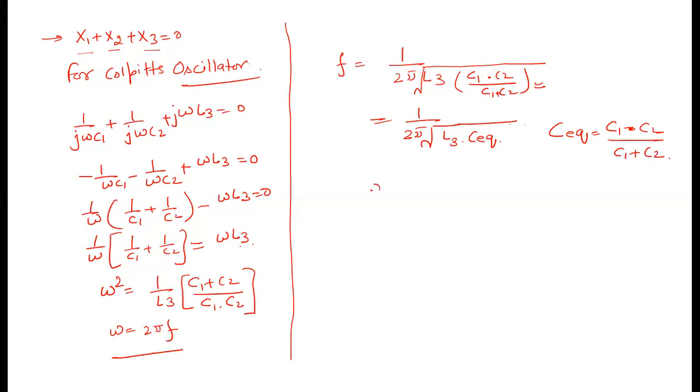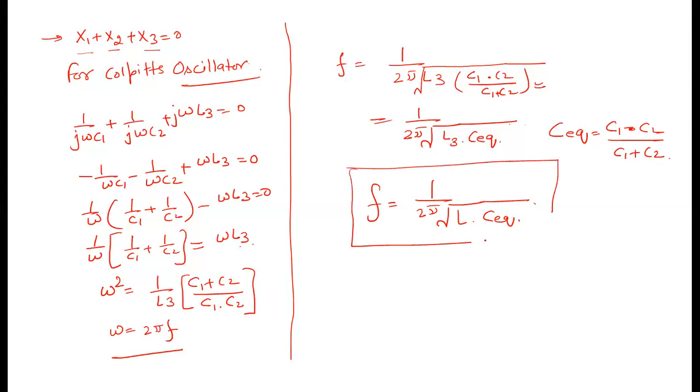So this is the frequency, where f is equal to 1 by 2 pi square root of L into C equivalent. This is for the Colpitts oscillator.